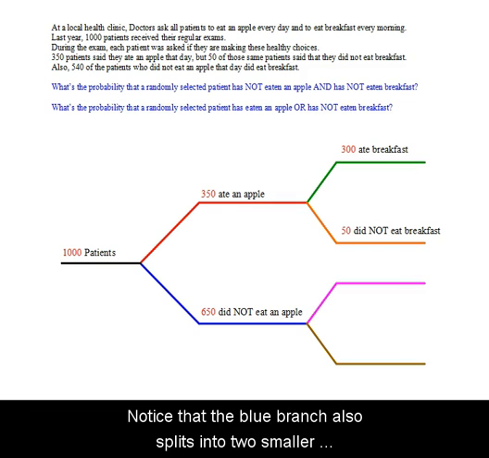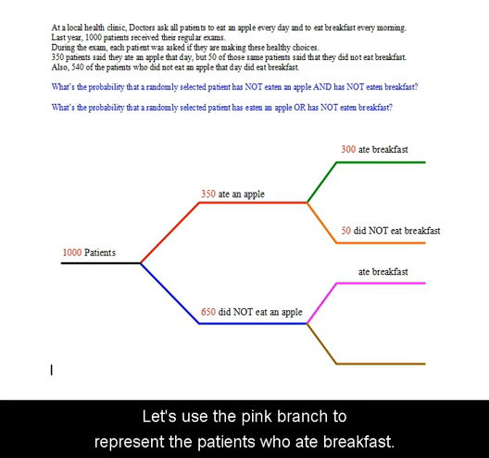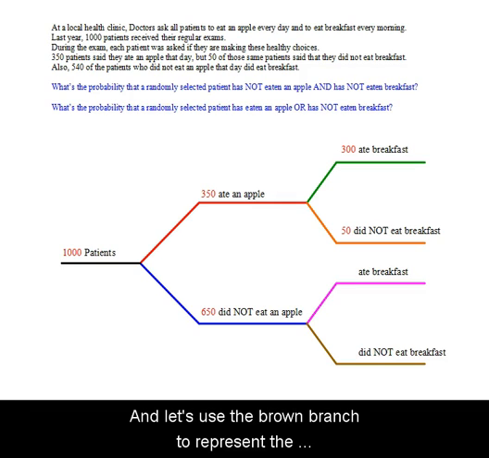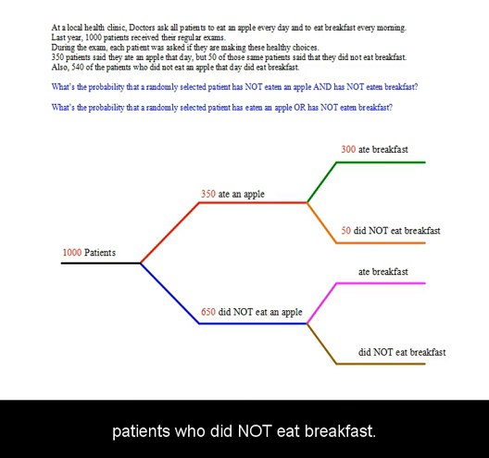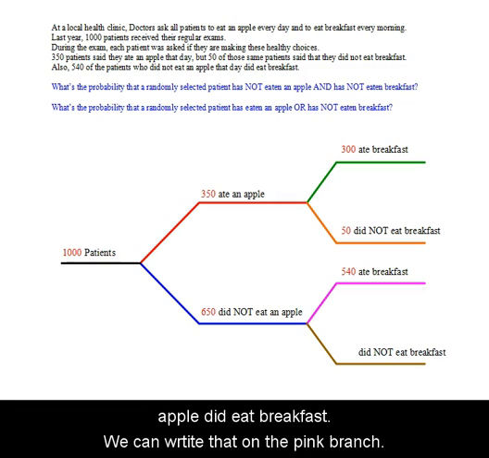Notice that the blue branch also splits into two smaller branches, a pink branch and a brown branch. Let's use the pink branch to represent the patients who ate breakfast, and let's use the brown branch to represent the patients who did not eat breakfast. We're told that 540 of the patients who did not eat an apple did eat breakfast. We can write that on the pink branch.